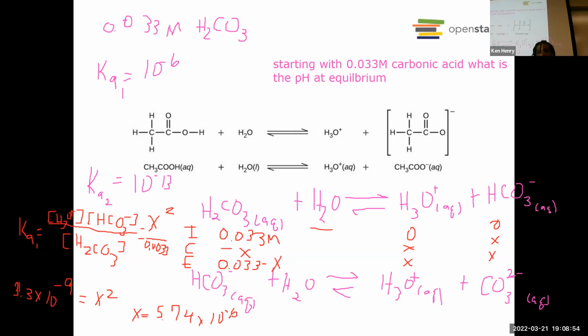True or false? It's true for the first one. So could I use this for the pH? Would the second reaction make a significant contribution to the concentration of the hydronium ion?